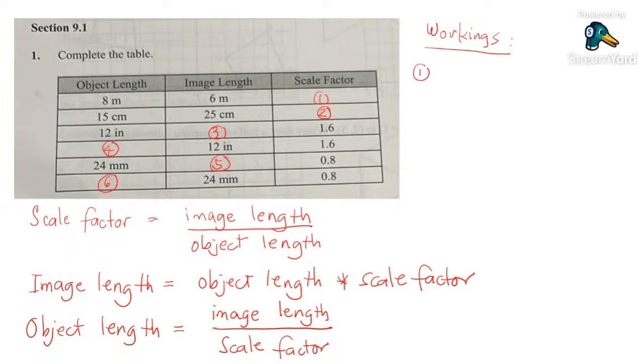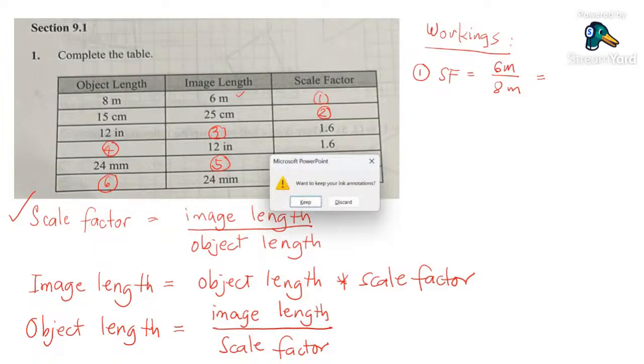Okay, for number one, scale factor, we have to use the first formula. Scale factor is equal to image length, that would be 6 meters, divided by 8 meters. And this gives us 6 divided by 8. Let's do it in our calculator.